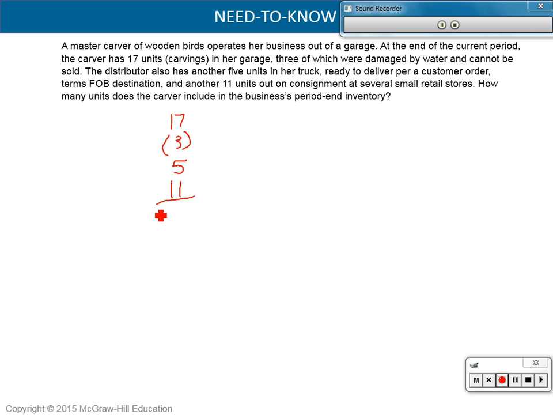Add them. Wait, why are we adding that? Because we still own them. They're just on consignment. They haven't been sold yet. Gotcha. So what's this amount? 33. Well, you got 33 usable units, subtract 3 out. 30. Final answer? 30.